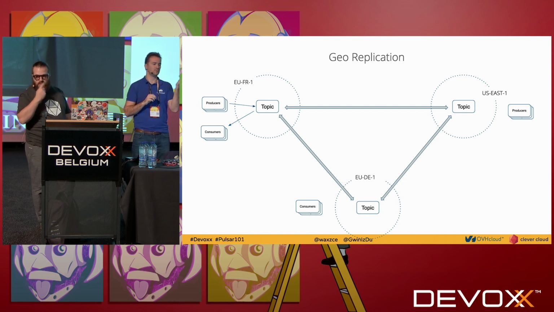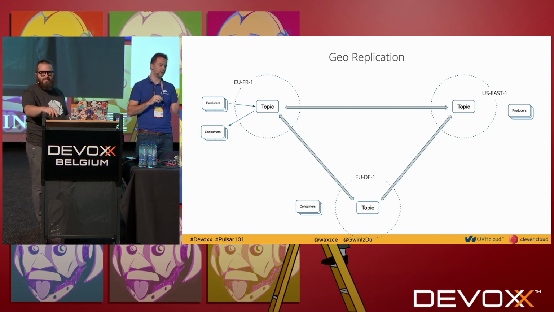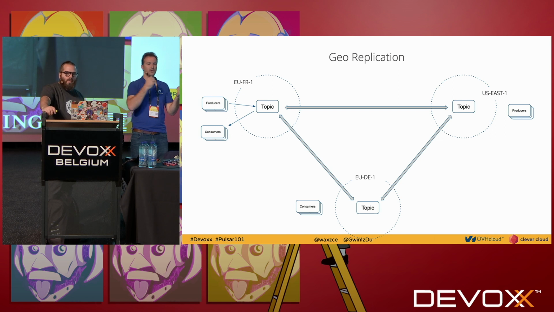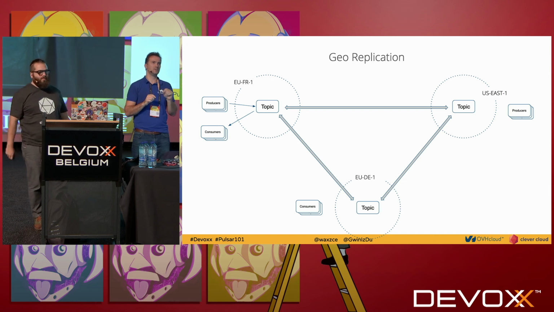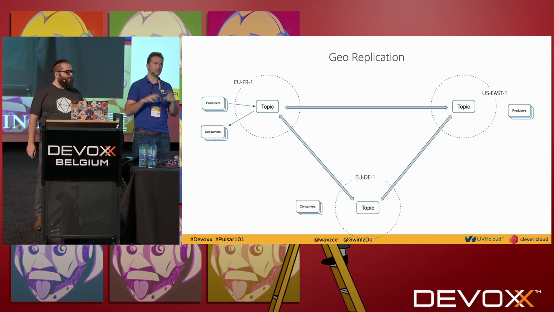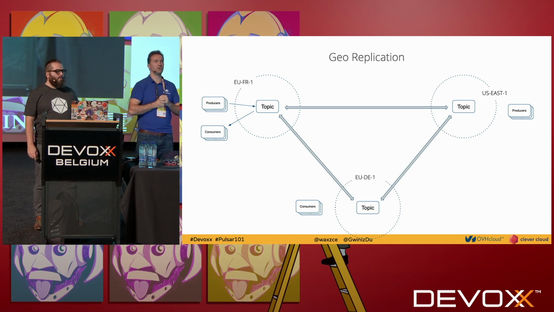If you have a topic in, for example, EU FR1, another in the US or another in Germany, you can just say, okay, now this topic is enabled globally. And it just works. You just have geo-replication inside Apache Pulsar. For those who have worked with Mirror Maker, it's kind of a relief, really.